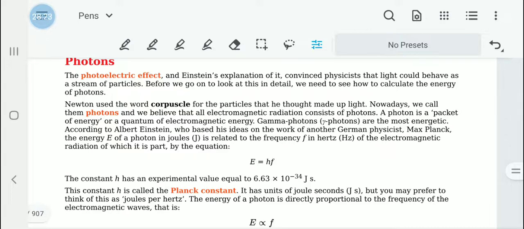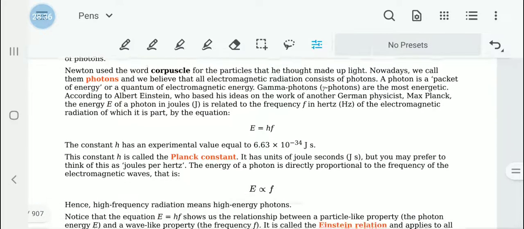These particles are now known as photons, which is a packet of energy or a quantum of electromagnetic energy.